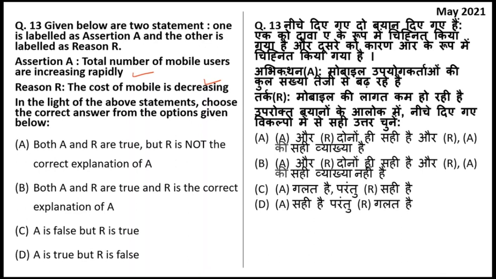But now we get smartphones also in the range of 8,000 or 5,000. So the cost of mobile has decreased. That is why the number of mobile users has increased. So here both are correct, and reason is the correct explanation of the assertion. Both A and R are true, and R is the correct explanation of A. Okay, B is the right answer.